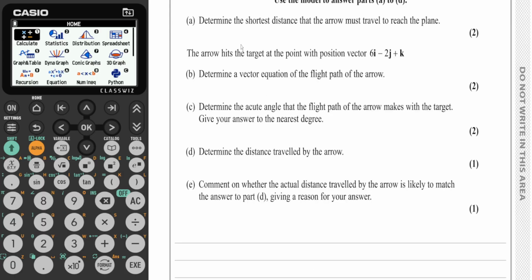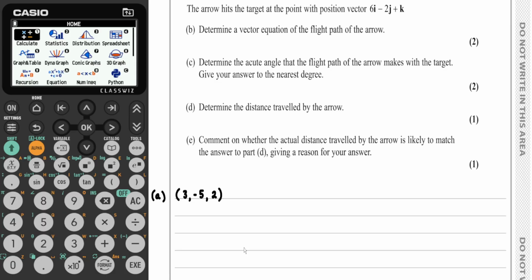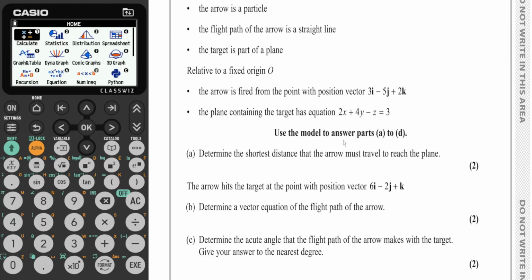Part A. Determine the shortest distance that the arrow must travel to reach the plane. We've got this position vector 3i subtract 5j plus 2k, which as a point is (3, negative 5, 2). We've got this plane which has equation 2x plus 4y subtract z equals 3.